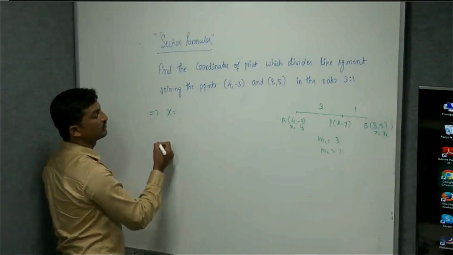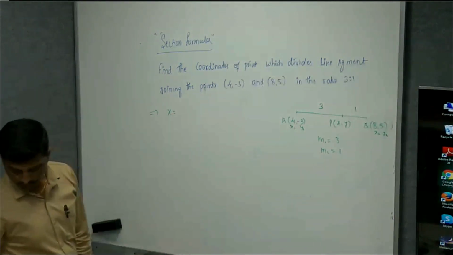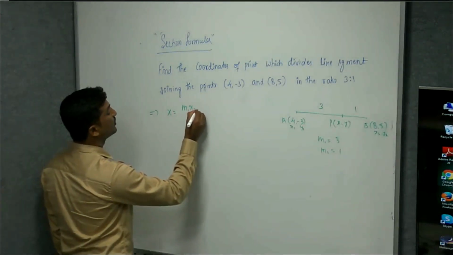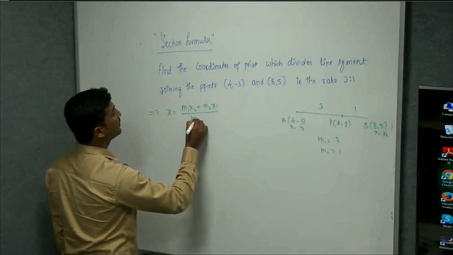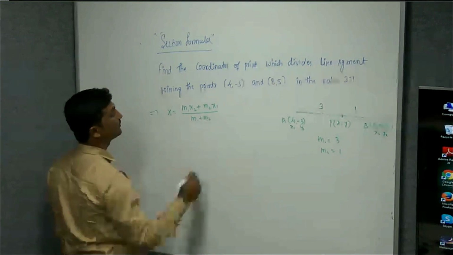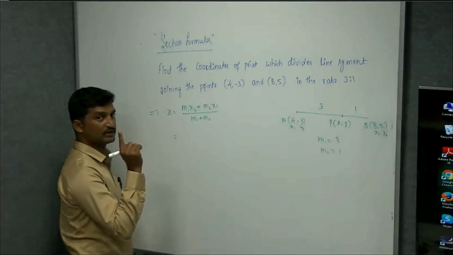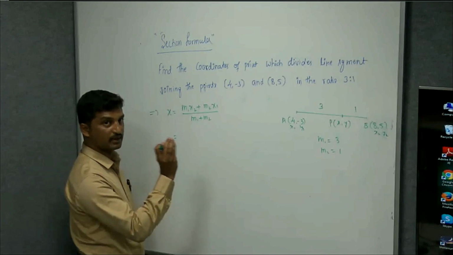Here x is equal to, write down the formula: m1 x2 plus m2 x1 divided by m1 plus m2. Now substitute the values. When you are substituting the values, please substitute them in parentheses, that is brackets.